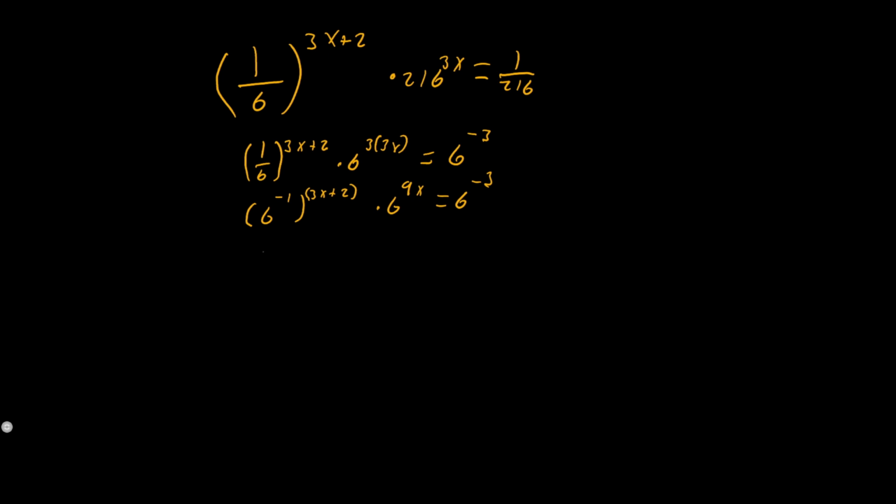And now we can go ahead and group the left side, where we will get 6 to the power of 9x minus 3x, which is positive 6x minus 2, and that is equal to 6 to the power of negative 3.